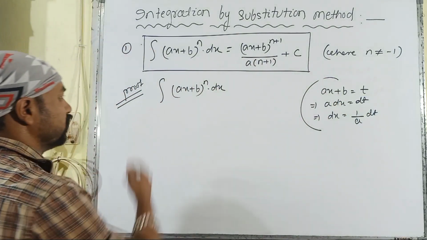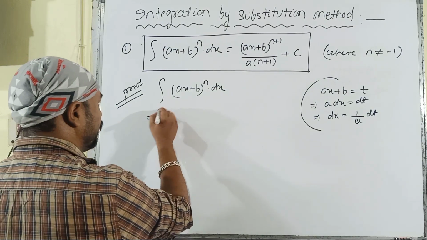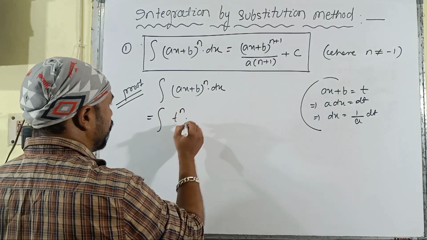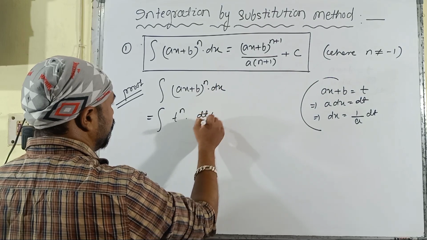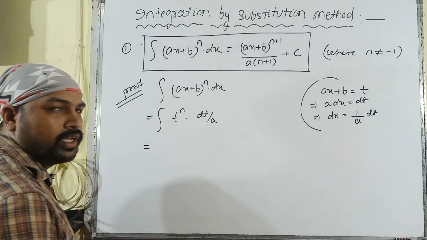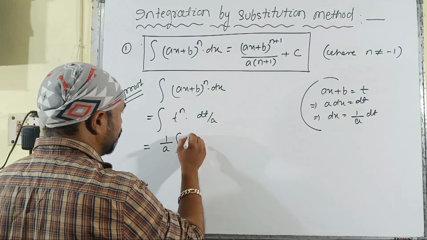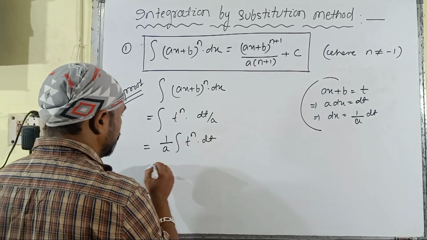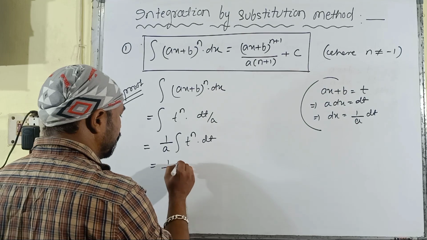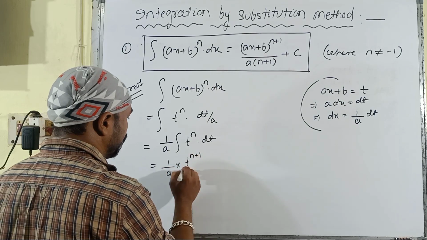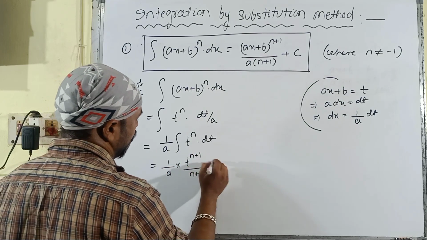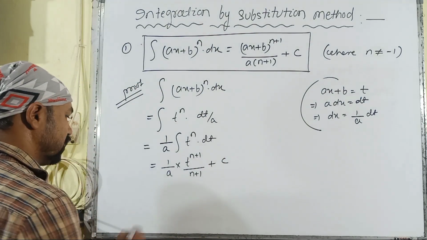By substituting these values in this integral, it will be t to the power n, dt divided by a. But 1 by a is constant, so it will be 1 by a multiplied with integral of t to the power n dt, then 1 by a multiplied with t to the power n plus 1 divided by n plus 1, plus any constant c.